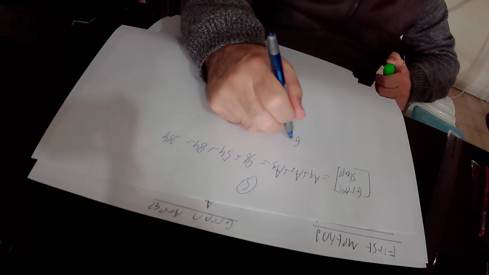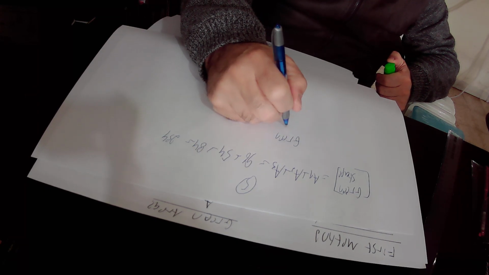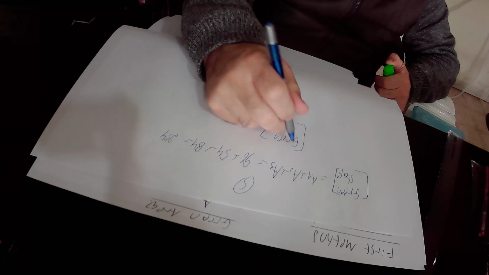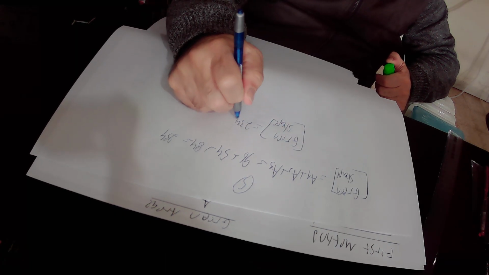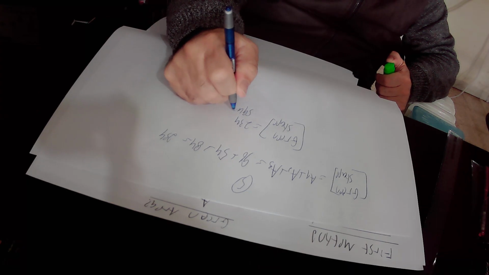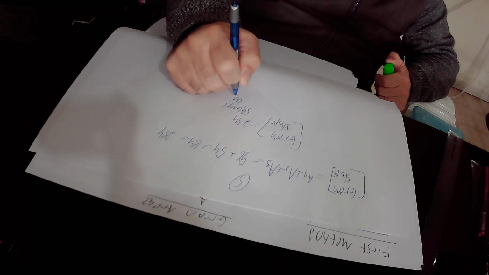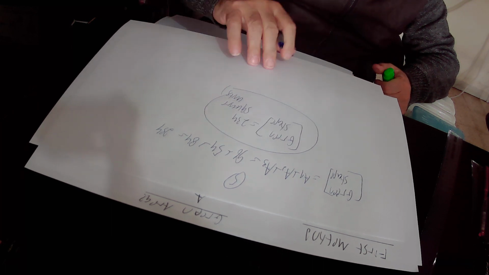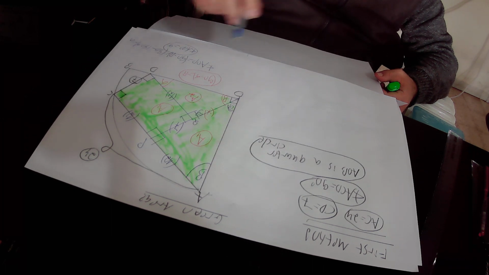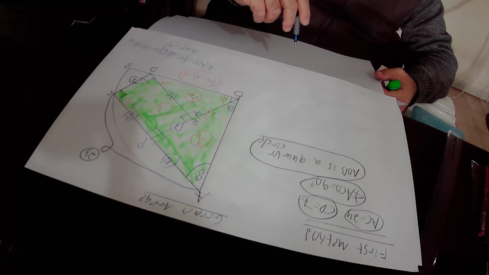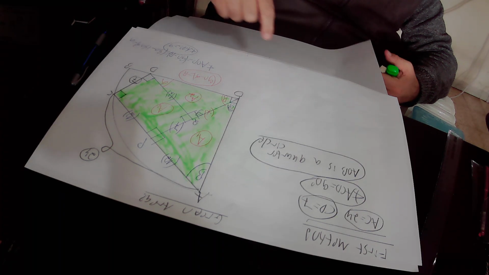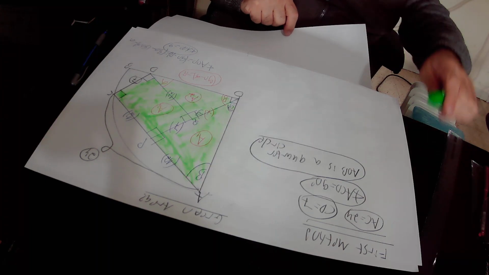So in conclusion, the total area of the green shape equals 234 square units. And that is the answer to our question. In the next step, I will present how to find the area of this green shape according to the second method.